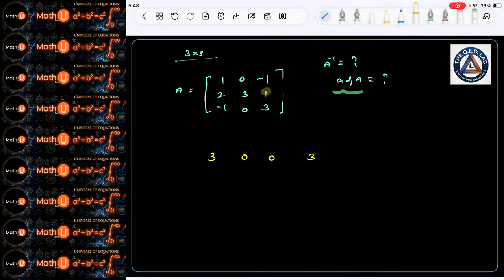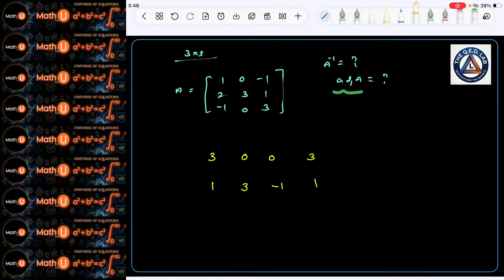Then again start here, again select this one, middle element 1, and that below element, same process again 3, again that above element minus 1, and the same element 1, okay.